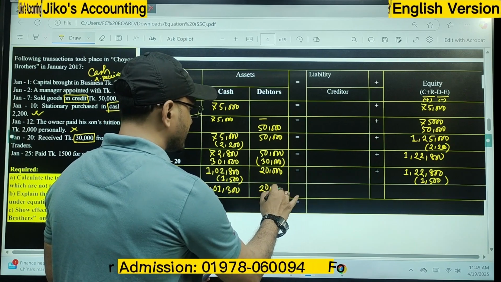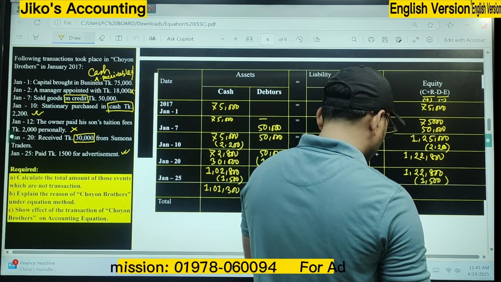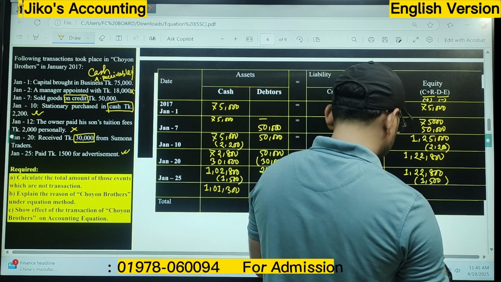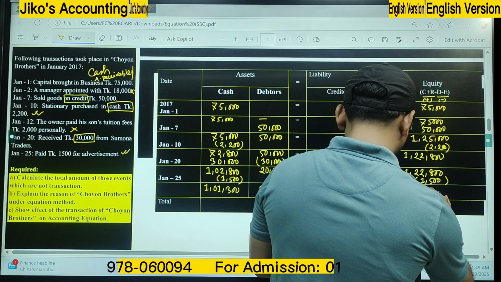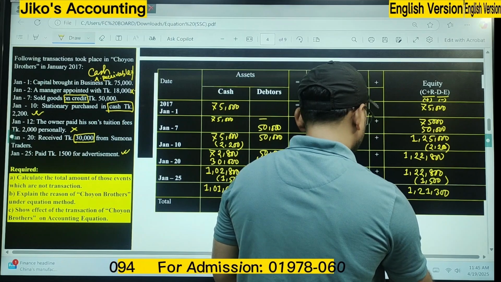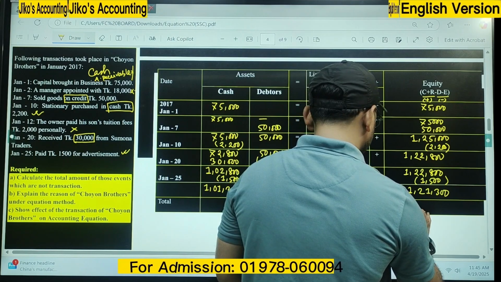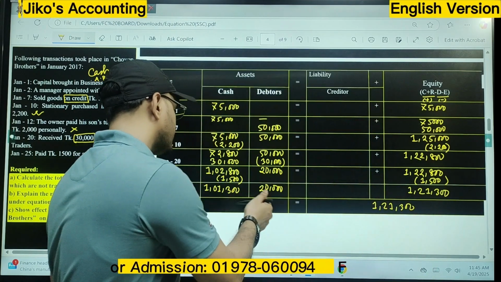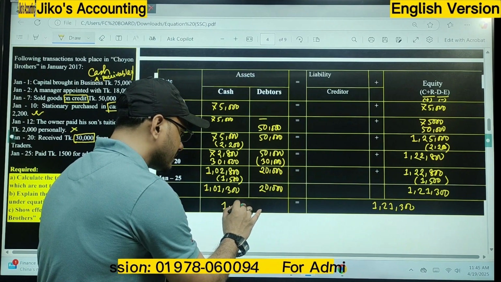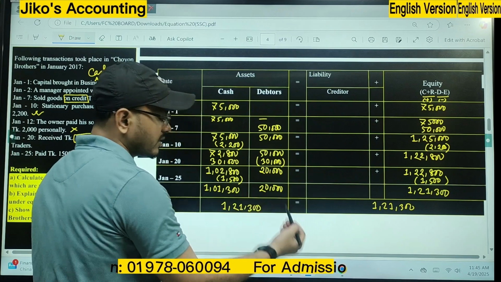This is the 20,000, and 1,22,800 minus 1,500, 1,21,300. That means here what is our total amount? 1,21,300. Now add all of them. 20,000, 1,01,300. That means 1,21,300. Is it okay, sir?